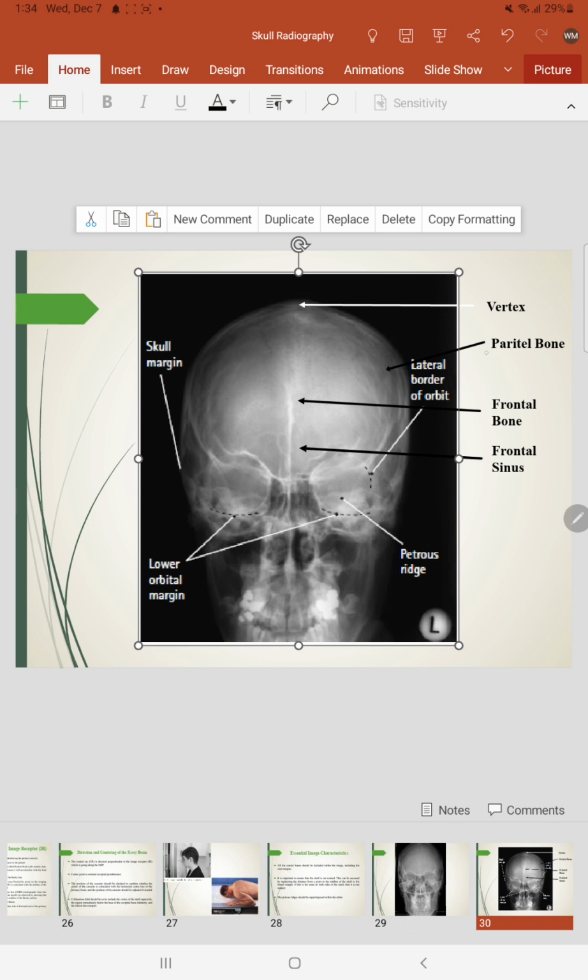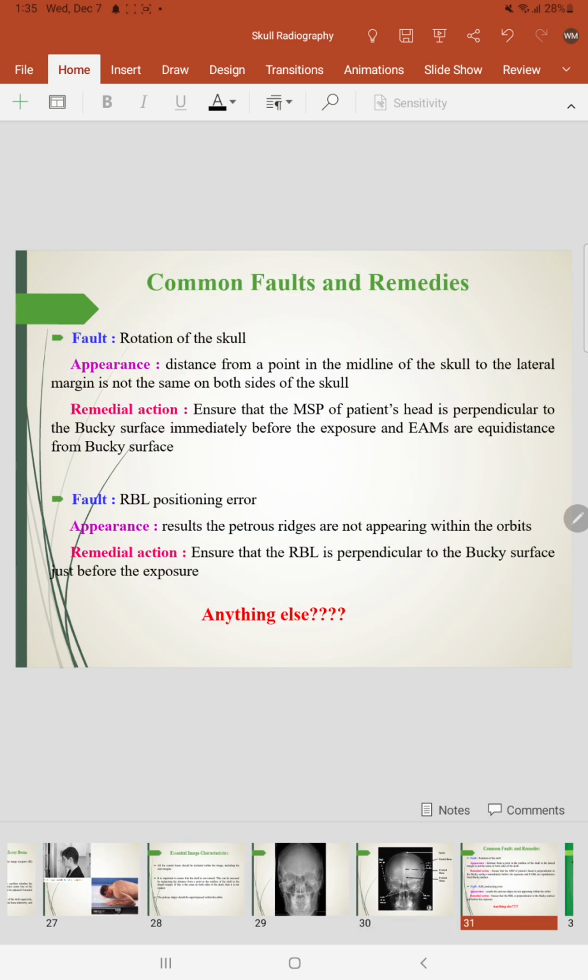Then parietal bone, frontal bone, frontal sinus, lateral border of orbit. You can see the lateral border of the orbit clearly. Then this is a petrous ridge and the lower orbital margins.